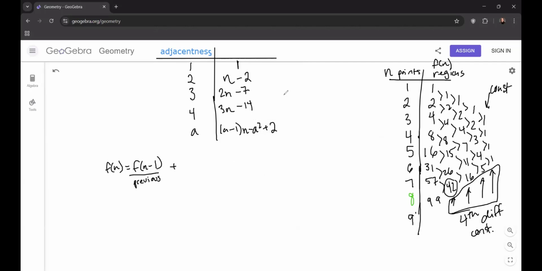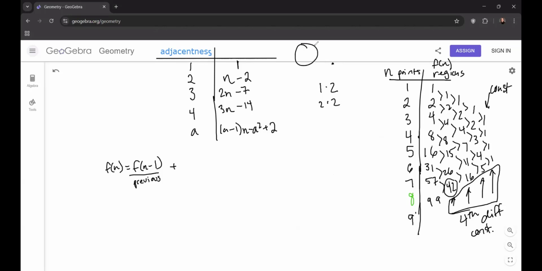So when I was on, for example, 5 points, I needed to know that there was one that is 1 adjacent to our newest point. There's 2 of those. And there were 2 that were 2 away from our newest point.